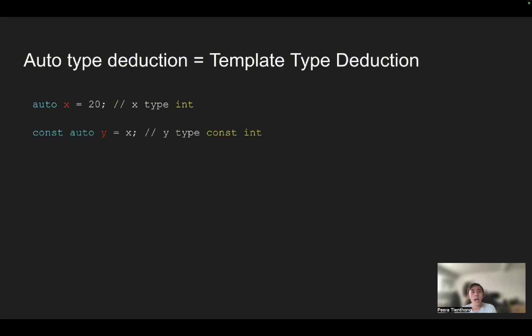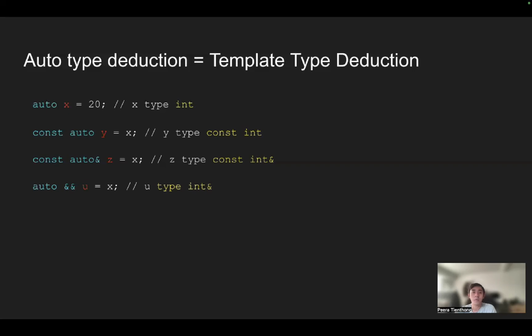If we have y of type const auto equal to x, it's going to be type const int. It's straightforward, right? The same thing applies if we have a universal reference.